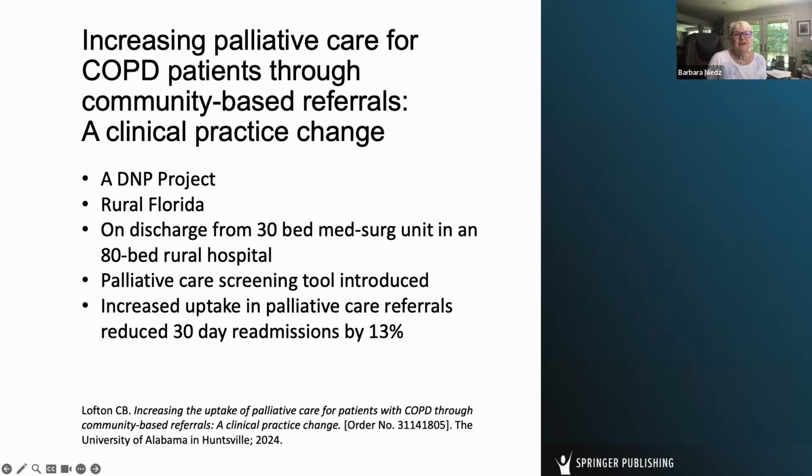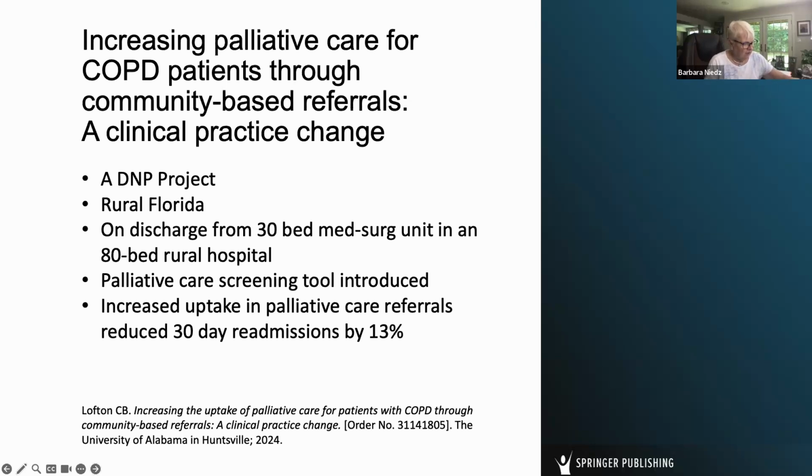So this is another one. This was a DNP project that was focused on a clinical practice change out of rural Florida. And this project did see an uptake in palliative care referrals and were able to reduce the 30-day readmission rate by about 13%.